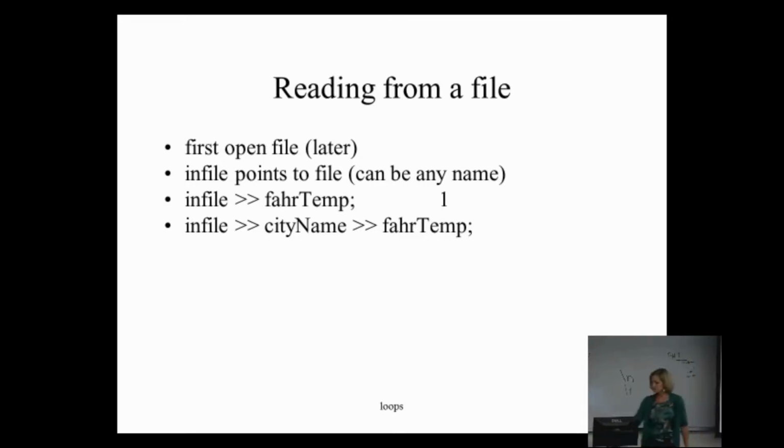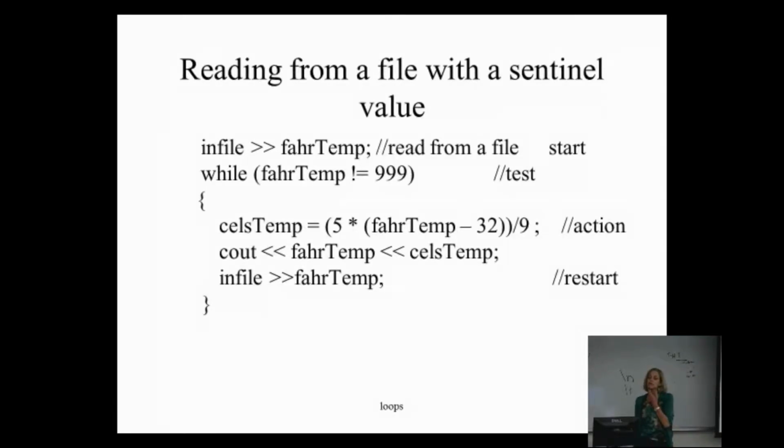In this particular example, the file actually has a sentinel in it, and this is not unheard of. So let's say I have a file with a bunch of data, and I separate one set of data from another set of data by popping a sentinel value in there.